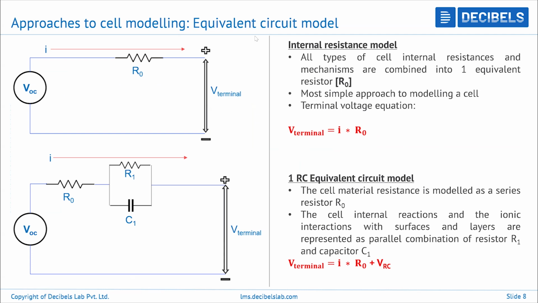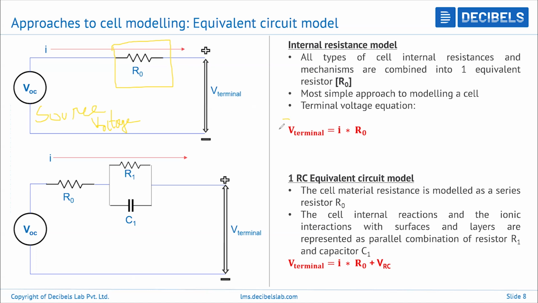Whatever we just talked about, the bulk materials, the chemical reactions, the surface layers and films and things like that, all of that can be combined into just one simple resistance R0, and you can model basically the entire battery as just a combination of your source voltage, which is connected in series with this resistor R0.